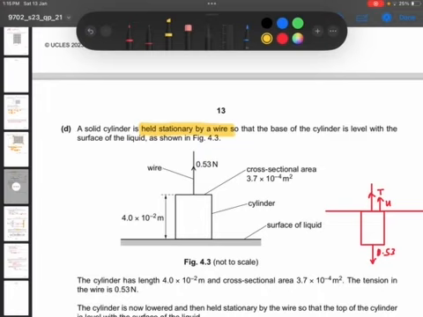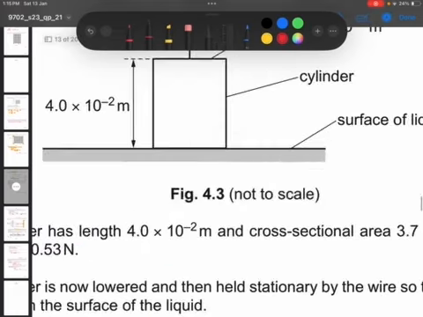The tension in the wire is 0.53. So we are not shown any other source of force except for the tension in the wire, which is a force going upwards. So there must always be another force going downwards, which we know to be the weight of the object. Every body has a weight, and weight acts from the center of gravity. Sorry, the arrow is not proper there.